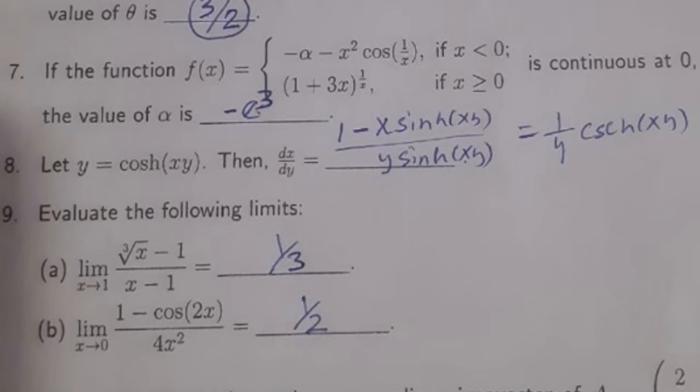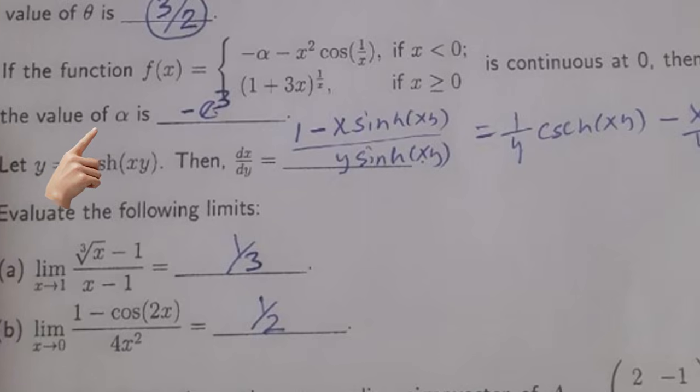Question number 7. If the function f of x is given by the expression as you see, and it is continuous at 0, at the point where the function is split, then what's the value of alpha? Simply, whenever we have continuity, we know the limits exist.